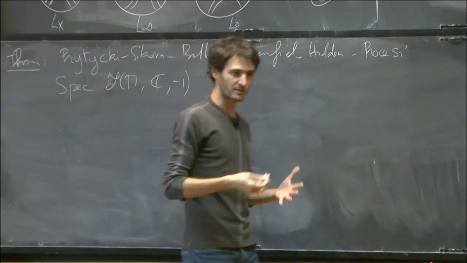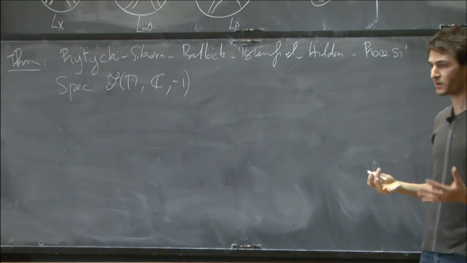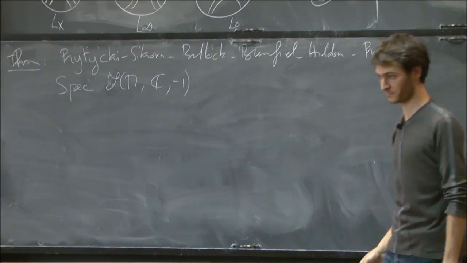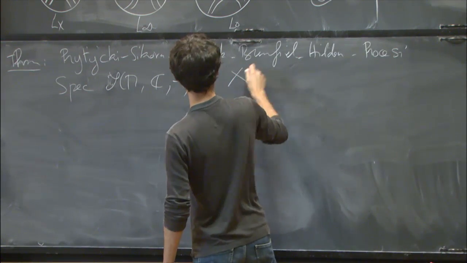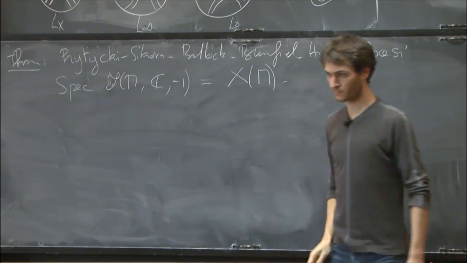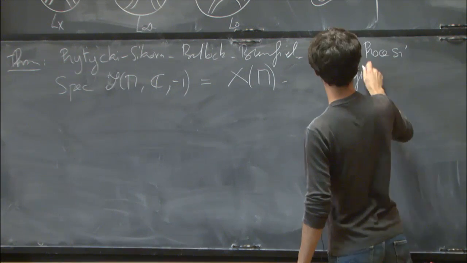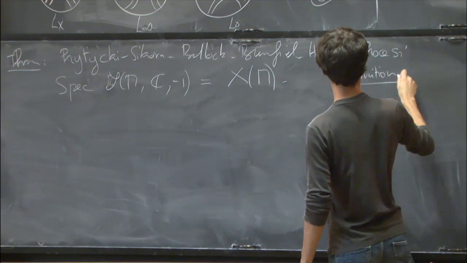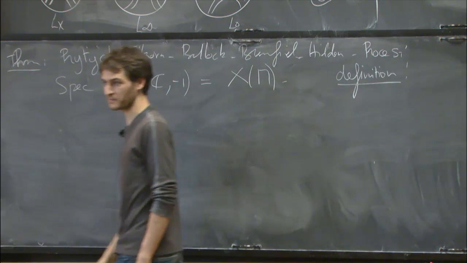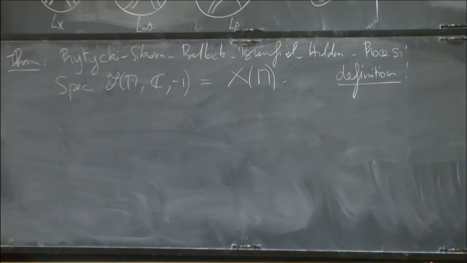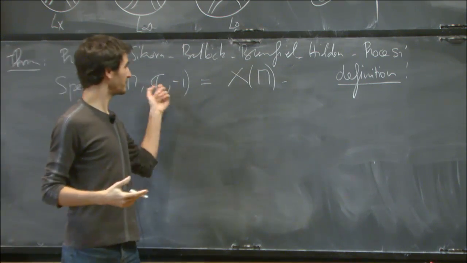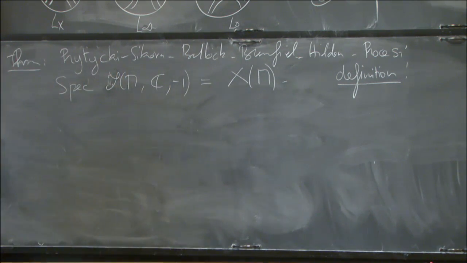So it's a Noetherian, finitely generated algebra. So it's an algebra of functions on something, and this something is the character variety. Exactly the one. So for me, it's a definition. I would like to define the character variety as the space such that this algebra is the algebra of functions on it.